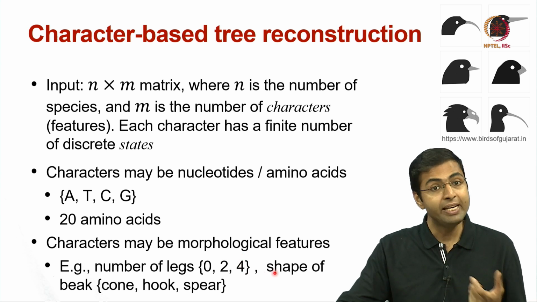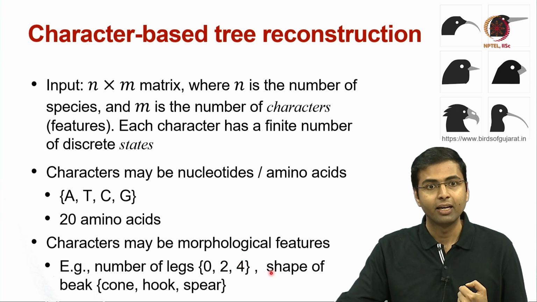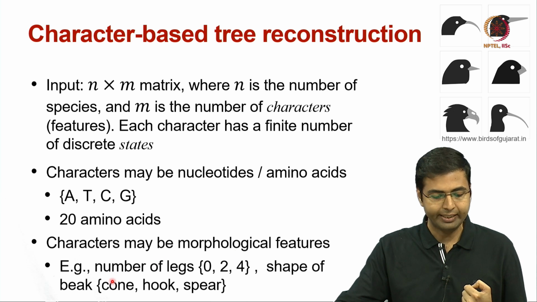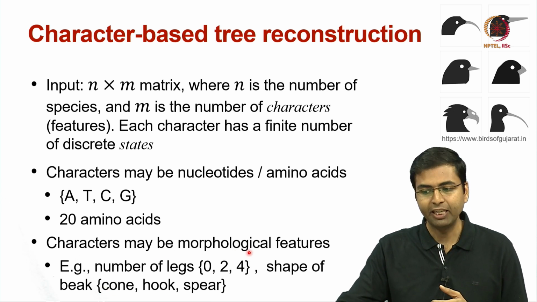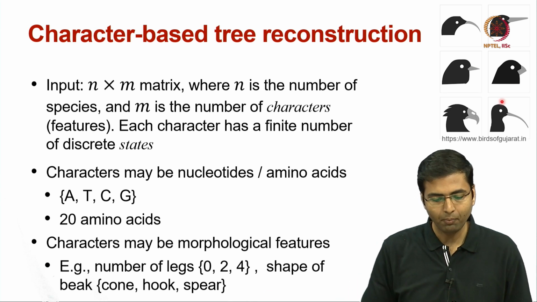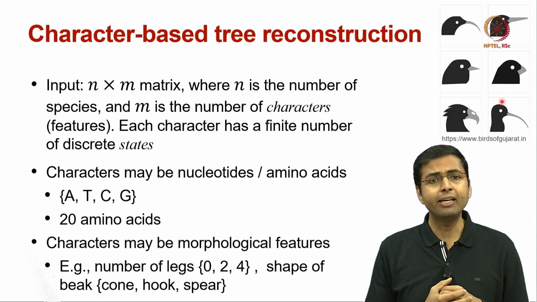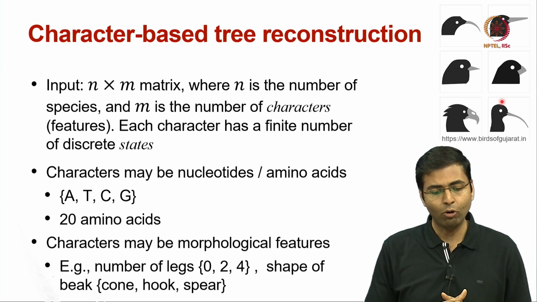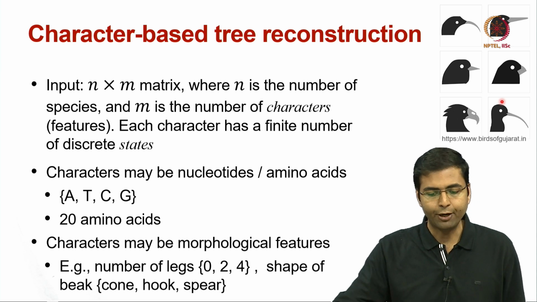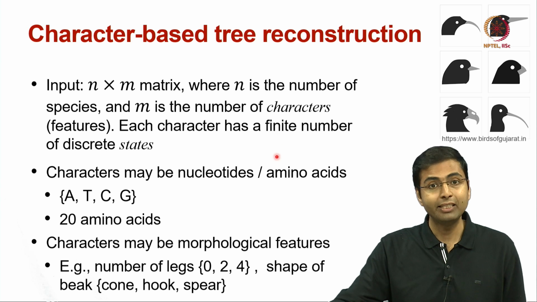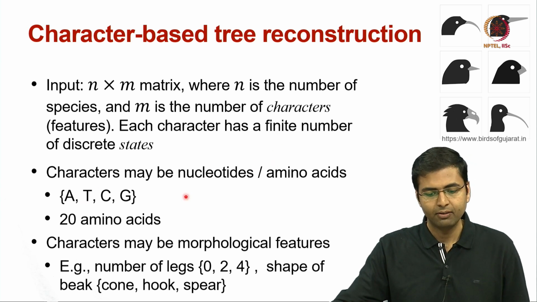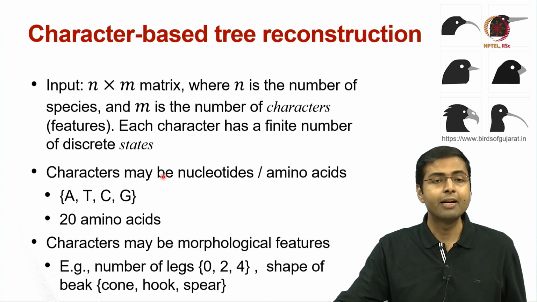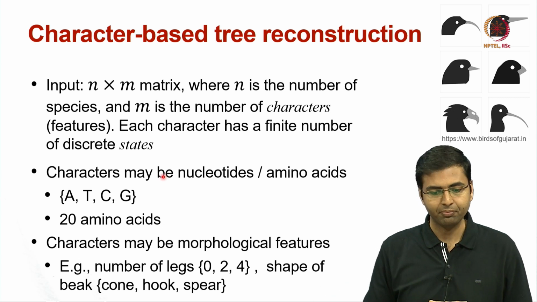You can have shape of beak as a character as well, in which case the state can be either cone shaped, hook shaped or spear shaped, right, as shown on the top example. So, you can have different types of characters, and in the most common scenario you would either use DNA or protein sequences. So, this is the input that we will be working with.